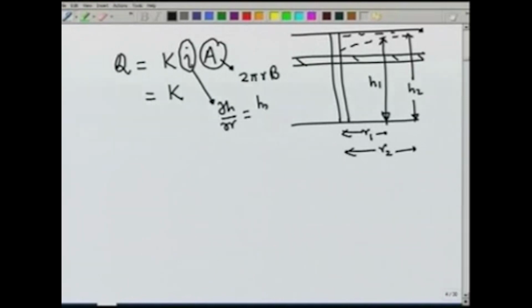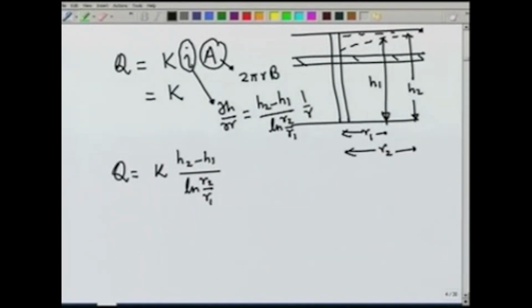So, H2 minus H1 over ln R2 over R1 times 1 by r. So, if we put these values of I and A in this equation, then Q can be written as K H2 minus H1 over ln R2 over R1 times 2 pi B, because this R and 1 over R they will cancel out.